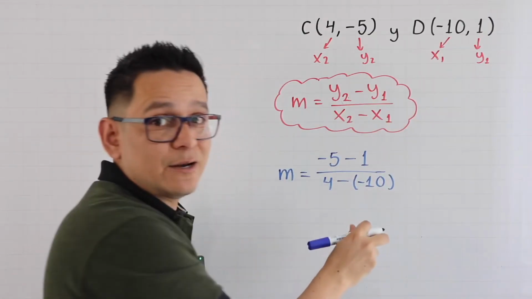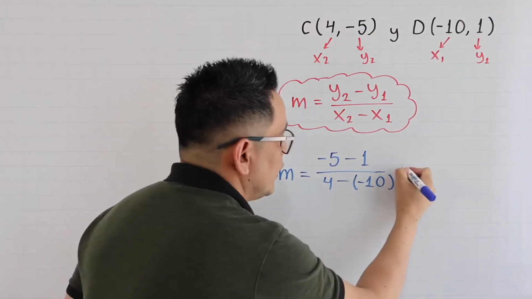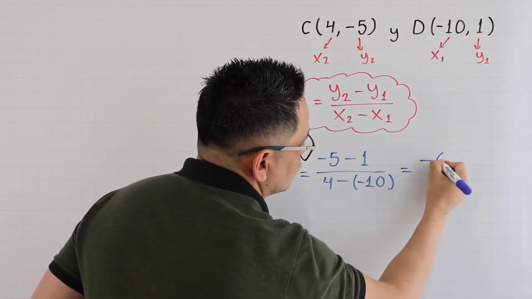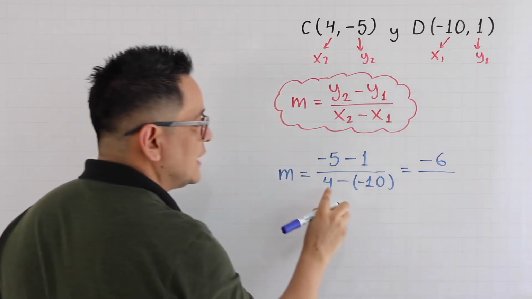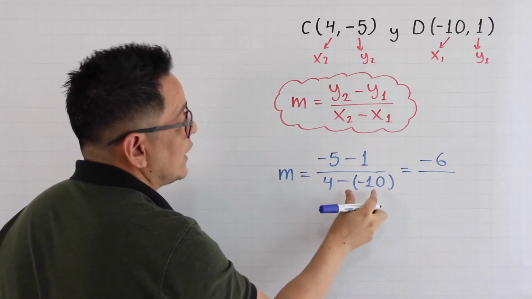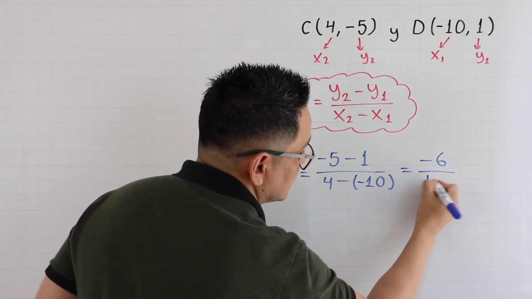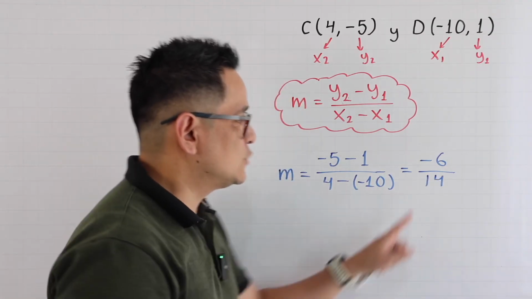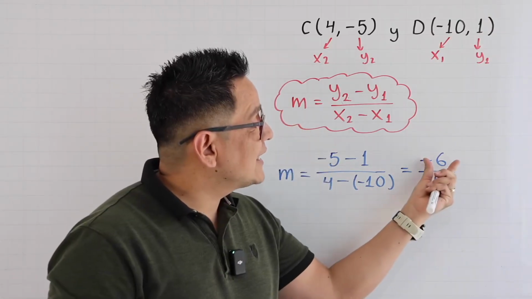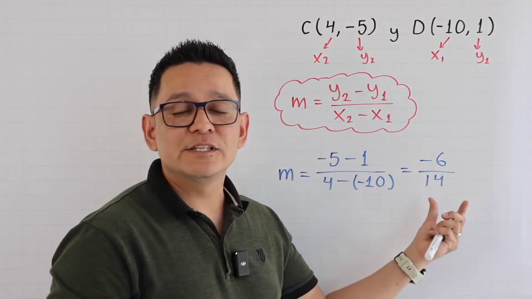So here it's going to be 4 plus 10, right? Well, in the numerator, we have minus 5 minus 1, which gives us a total of minus 6. And in the denominator, we have 4 minus minus 10, so we have 4 plus 10, which is 14. I want you to see that in this case, unlike the previous exercises, we can't do the division directly.